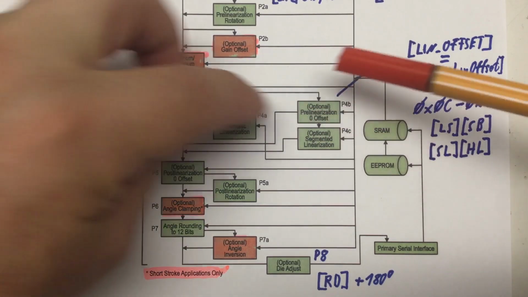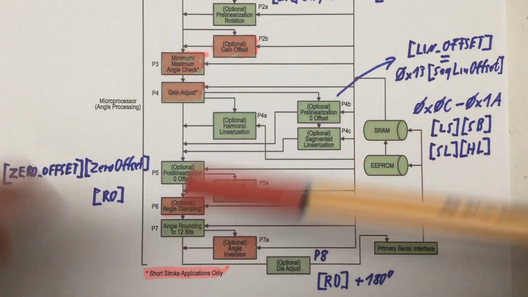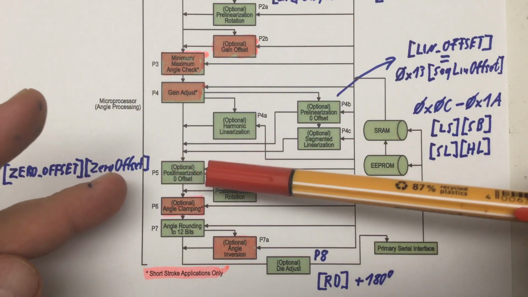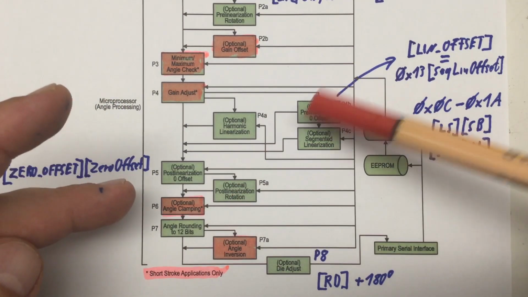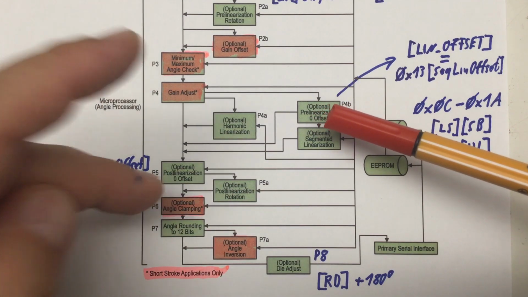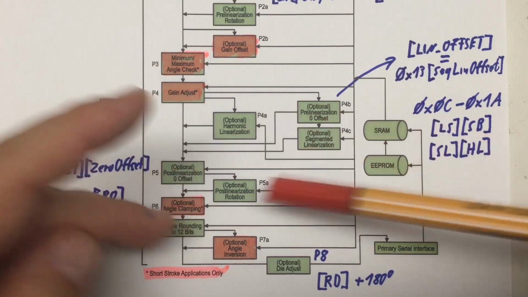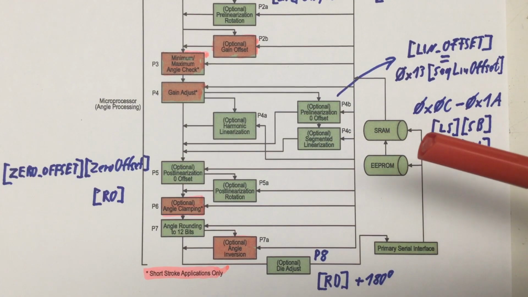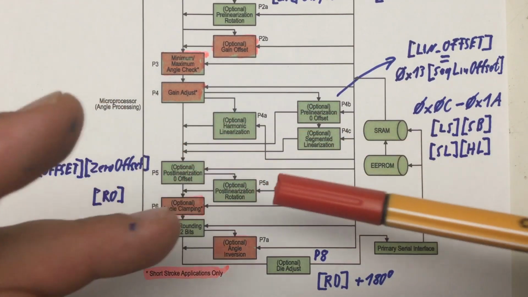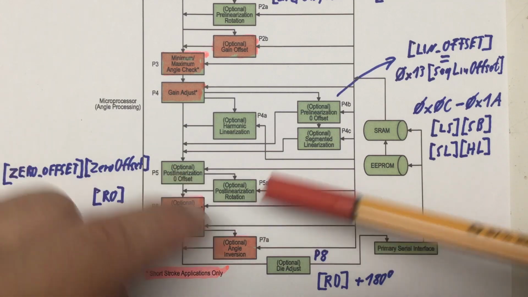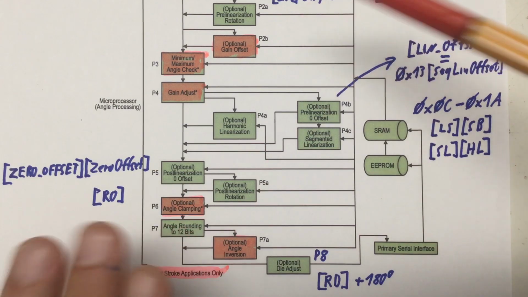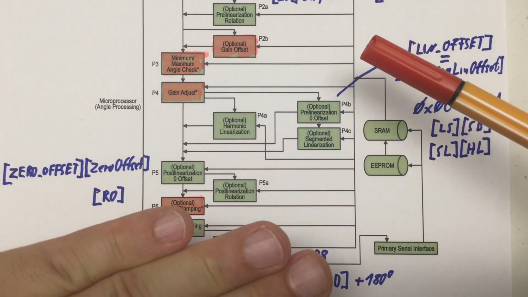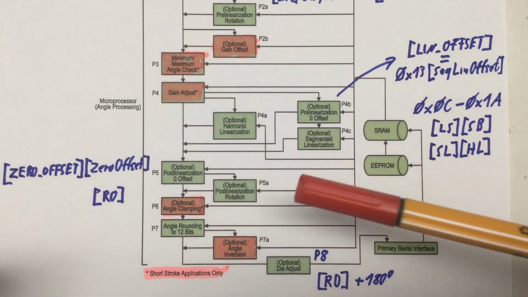And then after linearization, we again have an optional post-linearization 0 offset. That is, if we want, we can apply another angle offset to our result. And that's followed by another optional post-linearization rotation. That is, we can switch again from counterclockwise to clockwise and vice versa.